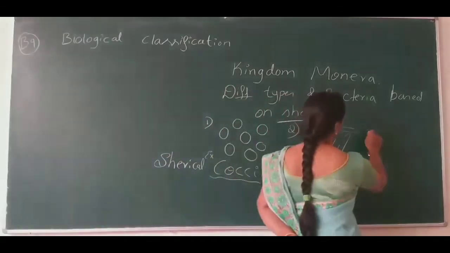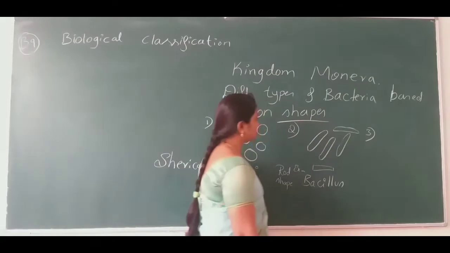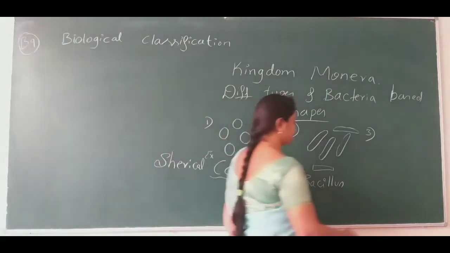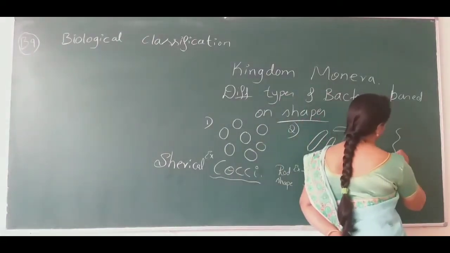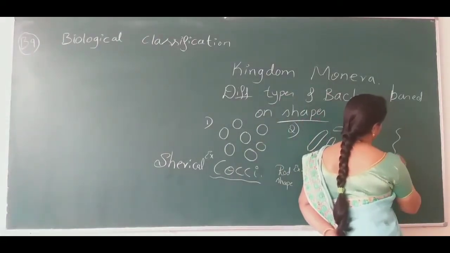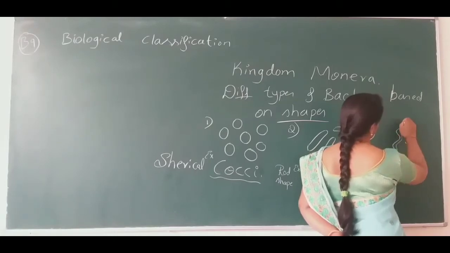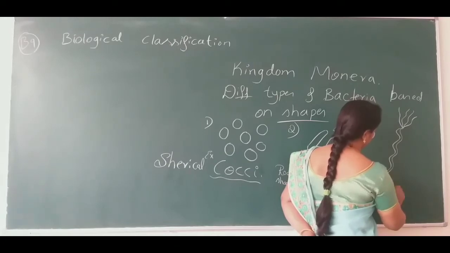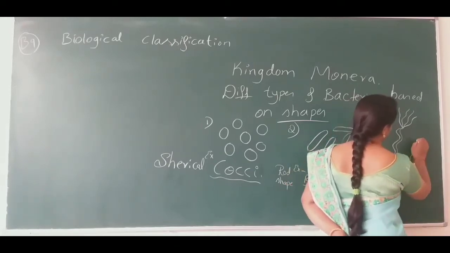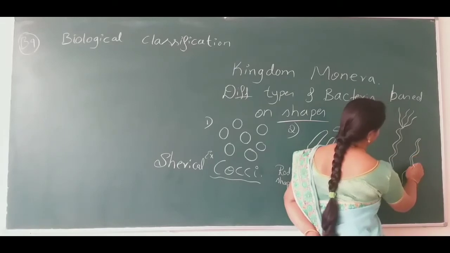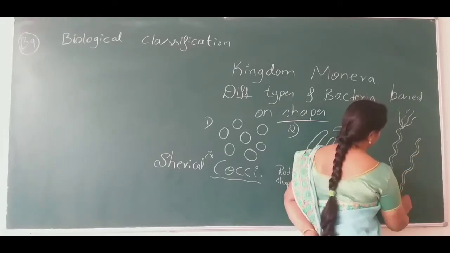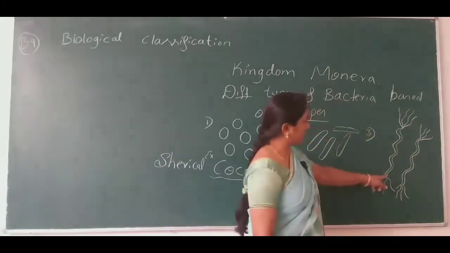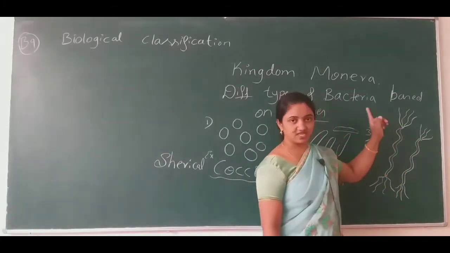And the third type of bacteria is spiral shape. So this is one spiral shaped bacterium.